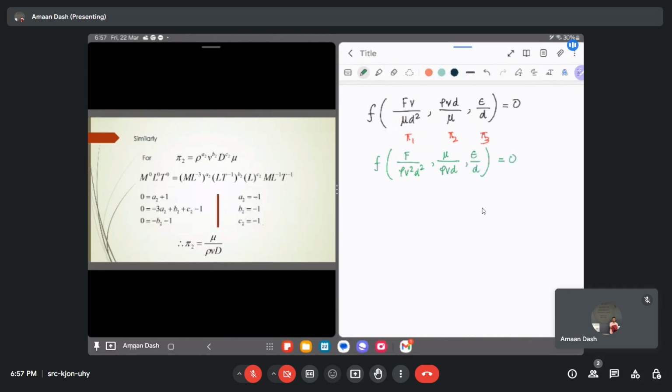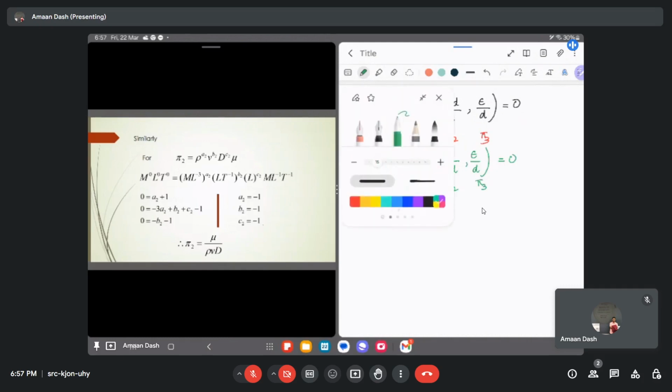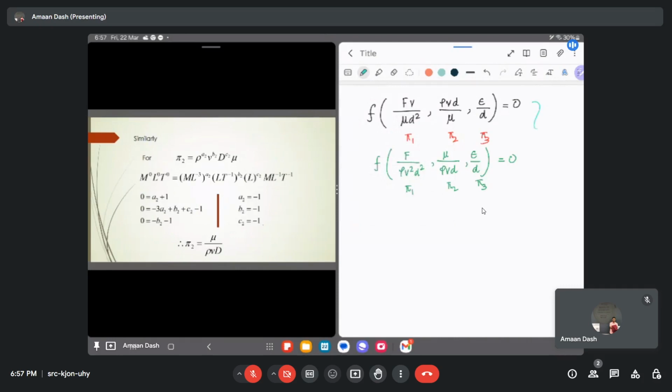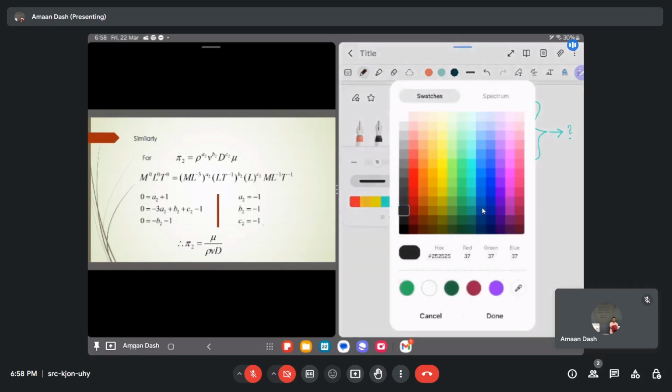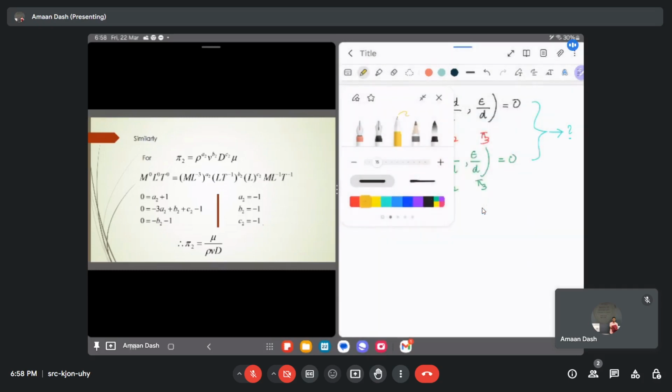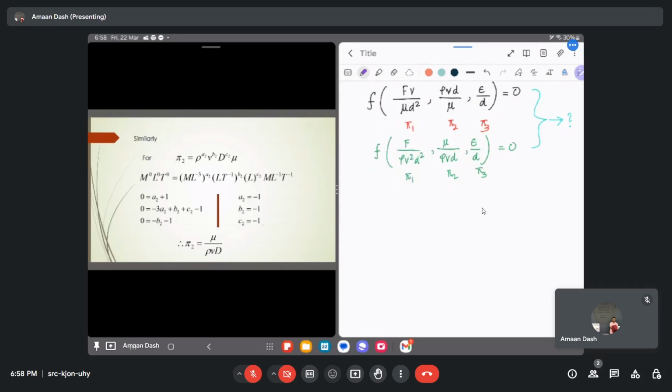But you see, we got this as the pi 1, this as the pi 2, this as the pi 3. But how are they? Both of these expressions give you the same kind of relationship or not? Actually, they do. And how do we do that? Let us see how we can obtain it, like, are we missing something, or are both of these expressions representing the same thing?